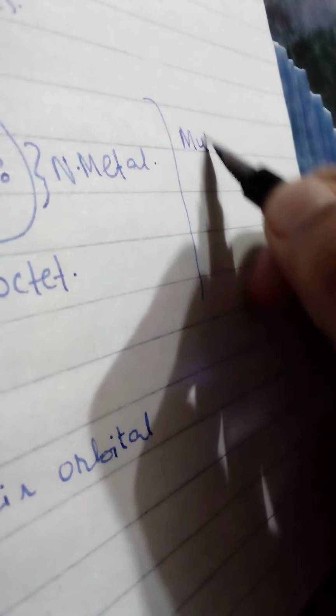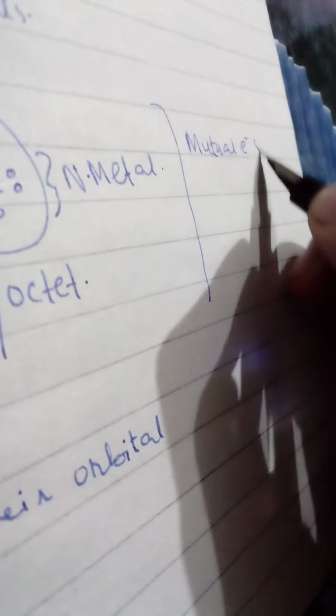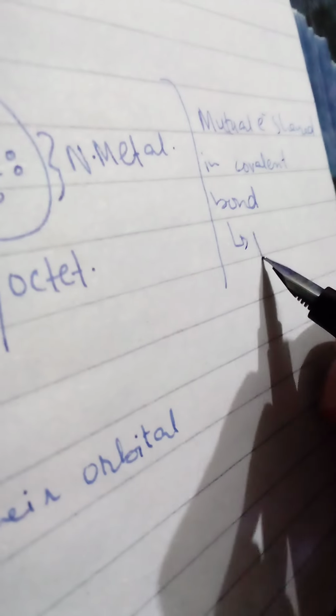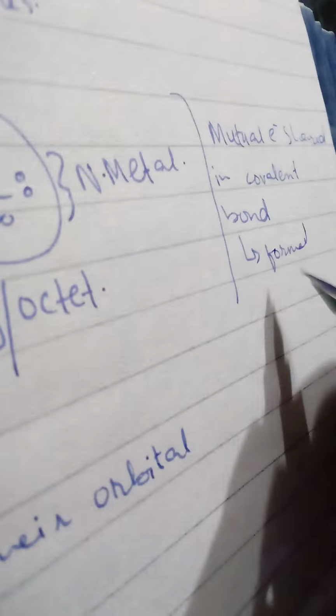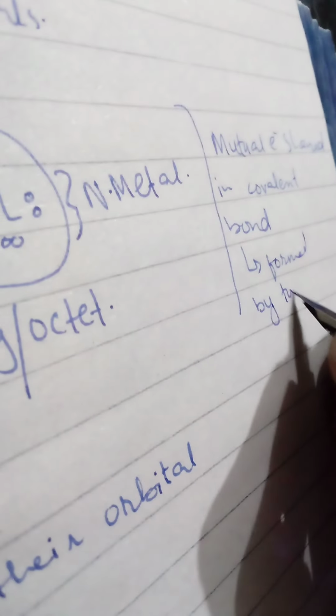Now we can say that the electron is mutually shared in covalent bonding, and the covalent bond is formed by two non-metal atoms.